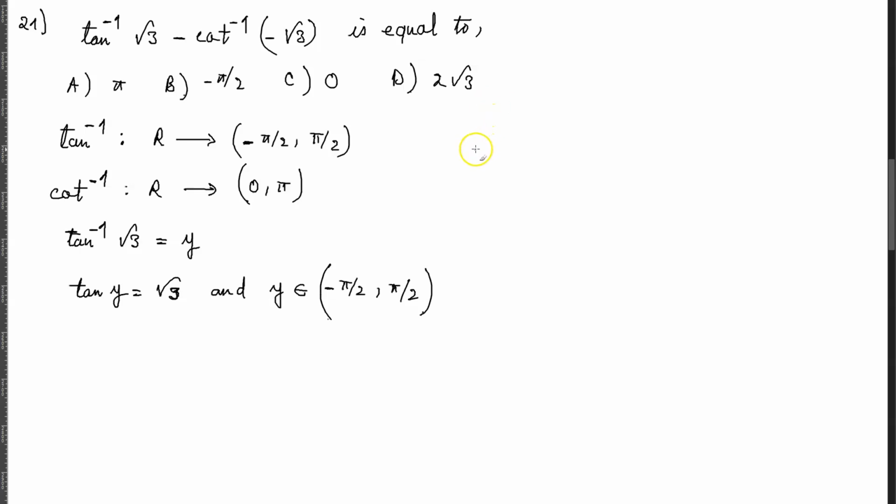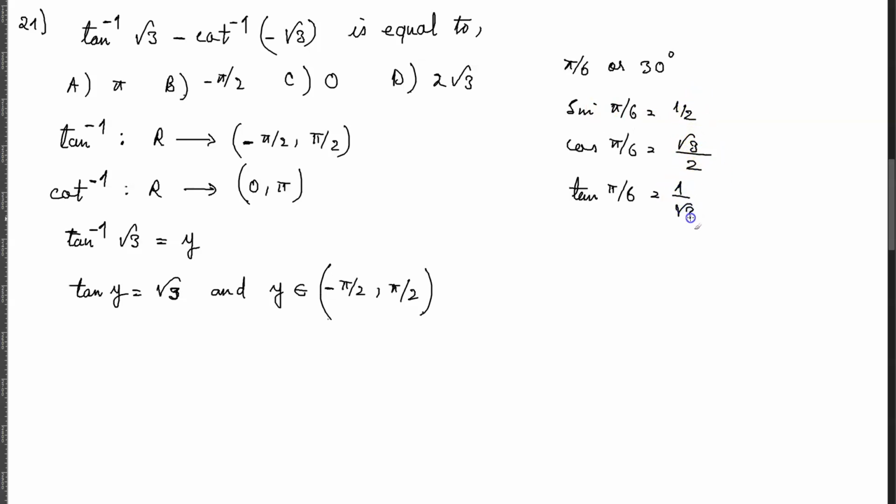I'm not really sure, but if you go for example for the angle pi by 6, or 30 degrees, the sine of pi by 6 is equal to 1 by 2, the cos of pi by 6 is equal to square root of 3 by 2, and so the tan of pi by 6 is sine by cos, 1 by 2 over square root of 3 by 2, which is 1 over square root of 3, which is not what we are looking for.